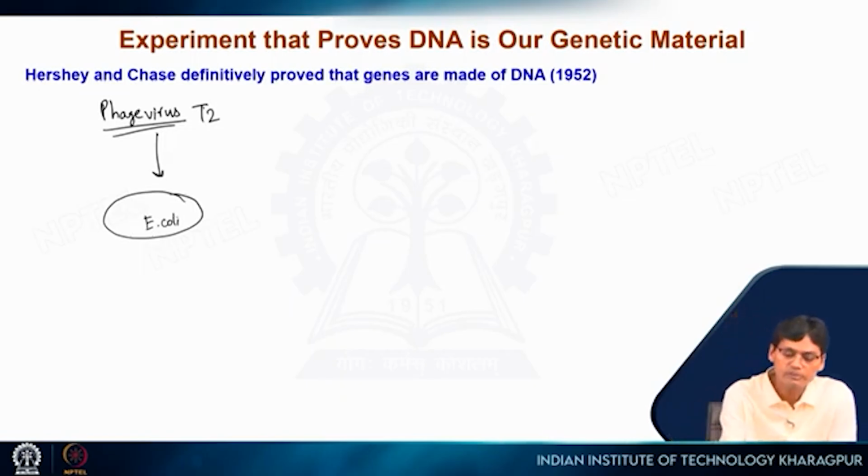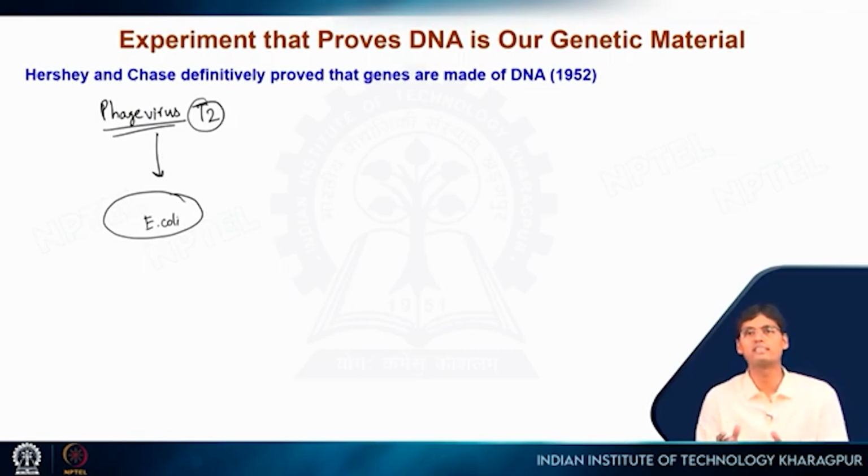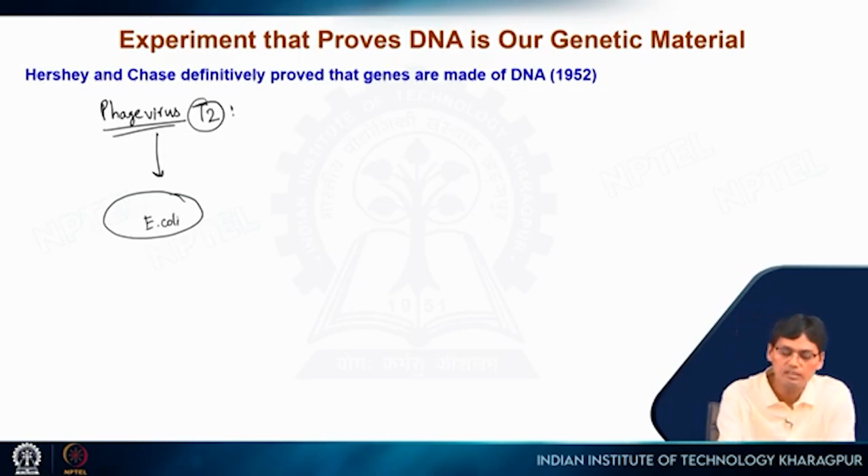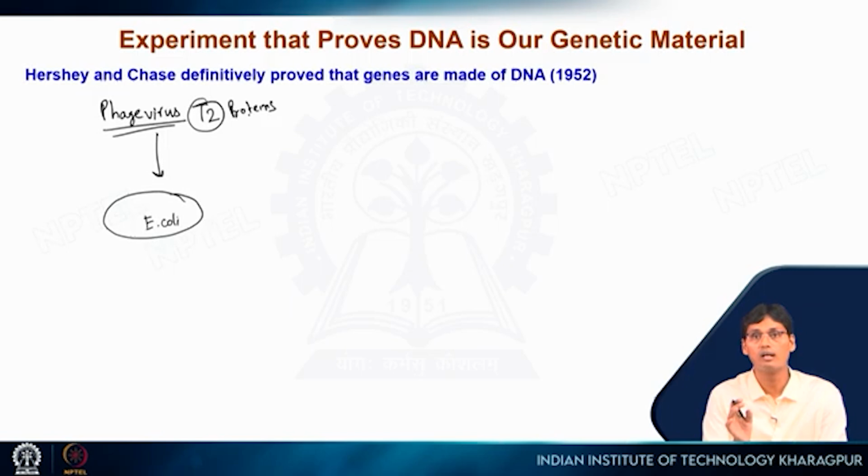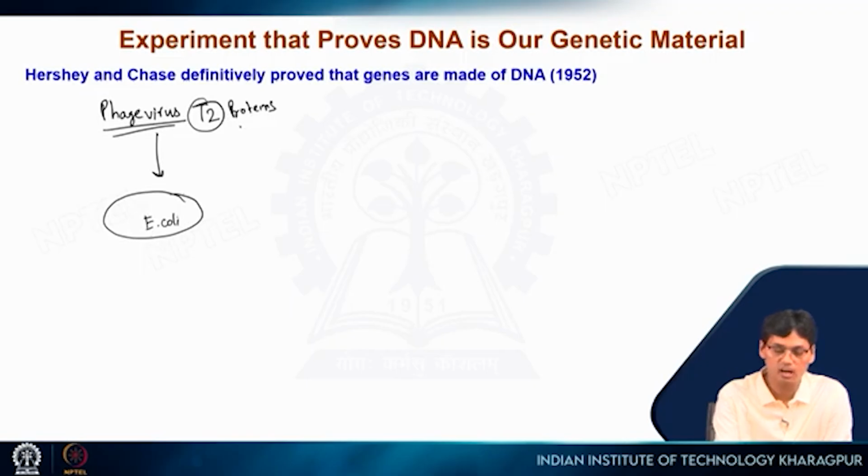The beauty of this system is that the T2 phage doesn't have many complex things inside the virus. They just have proteins, generally forming the coat or surface of the virus, and they have nucleic acid, DNA.